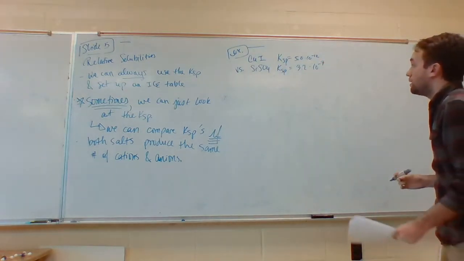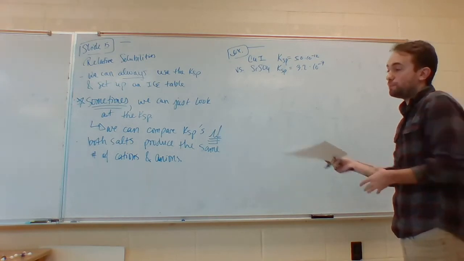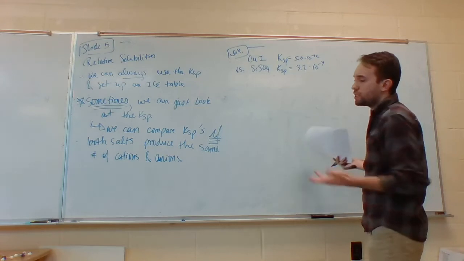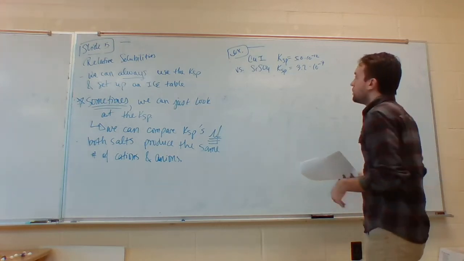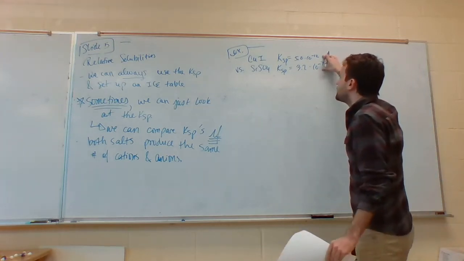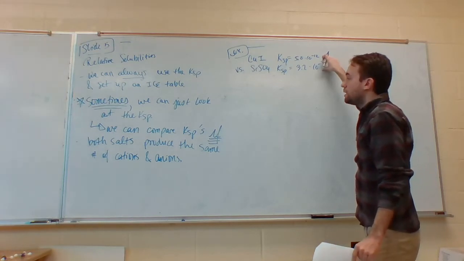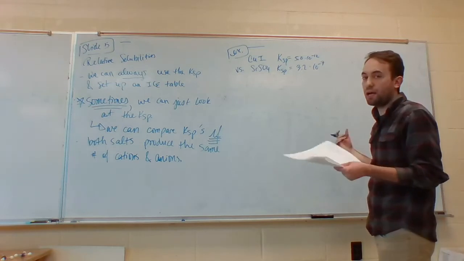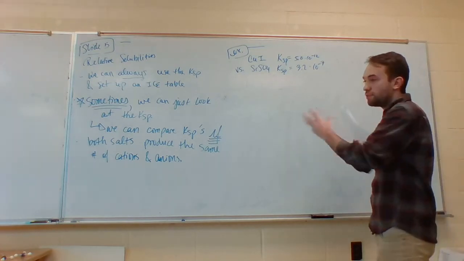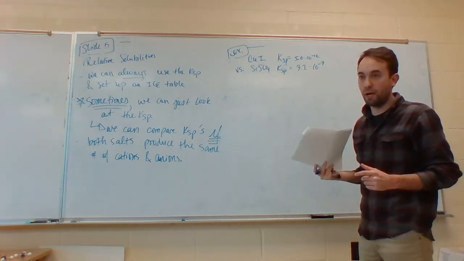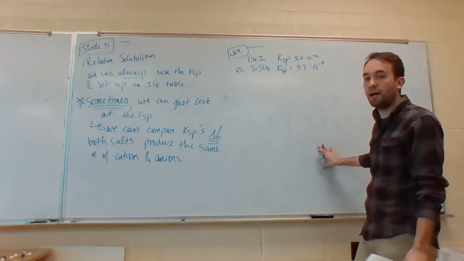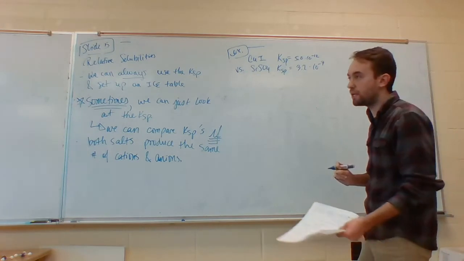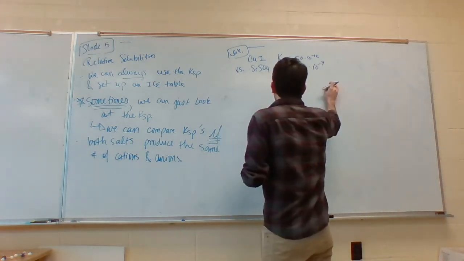Now, when we were talking about acids and bases, we said that we could just look at our Kas. Well, that's not necessarily going to be the case for our Ksps, because they're going to produce different amounts of the ions. And remember, we used our ions to figure out our solubility. We found our concentration of our ion at equilibrium, and then we related it using the molarity at the end.